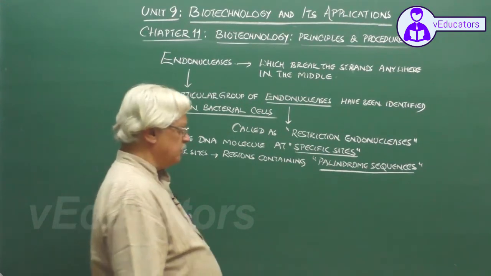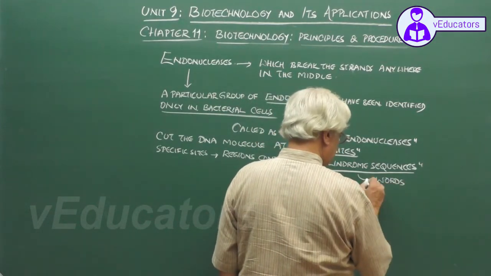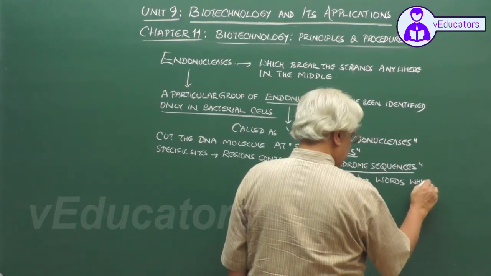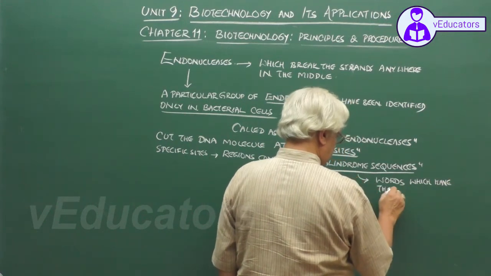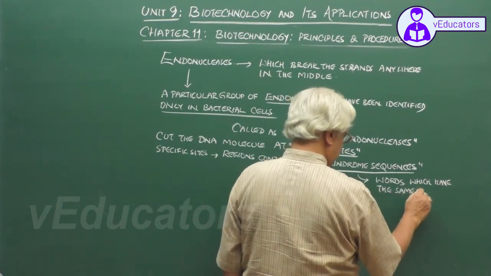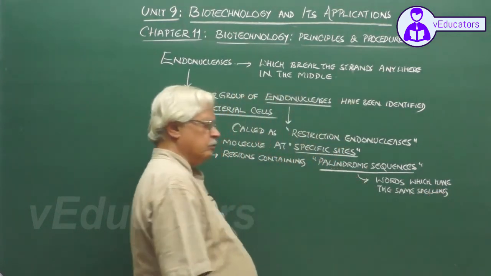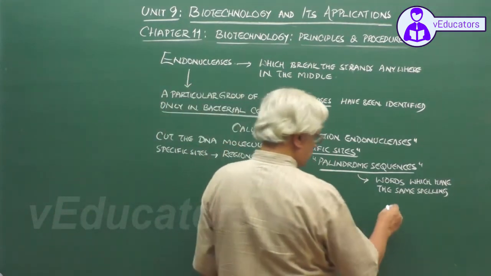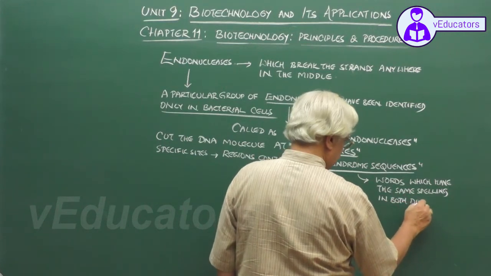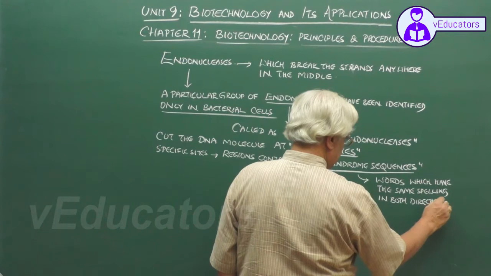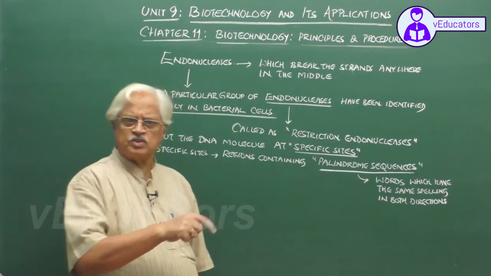Palindrome is a word used to describe words which have the same spelling when you read them in both directions.